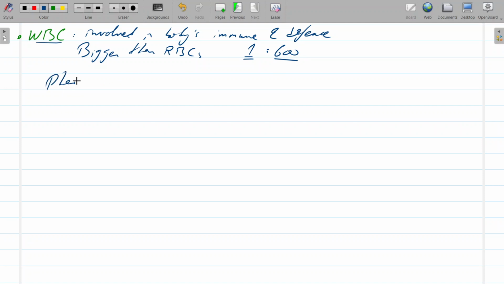Phagocytes and lymphocytes are the two main types. There are other subtypes, but as far as your syllabus is concerned, we're going to go into detail about them in the next chapter, I believe, disease and immunity.